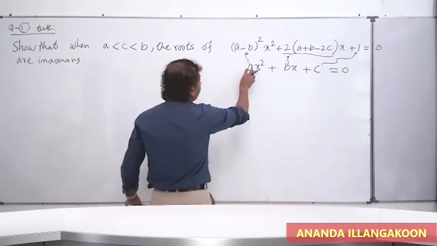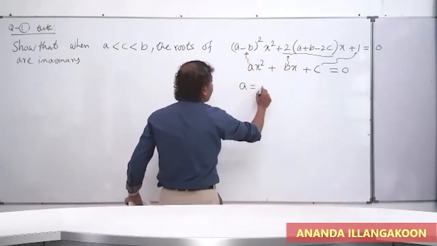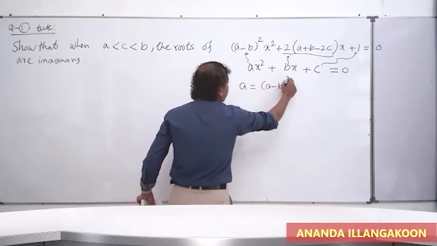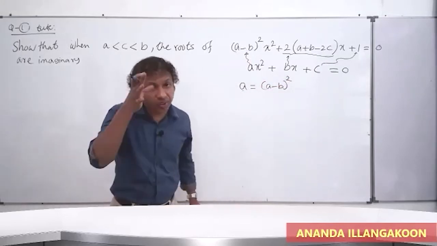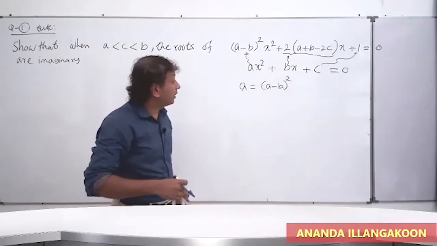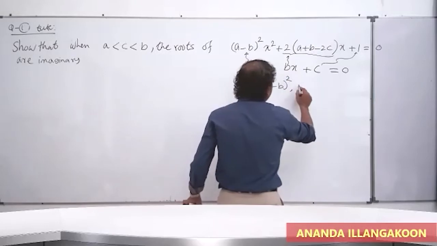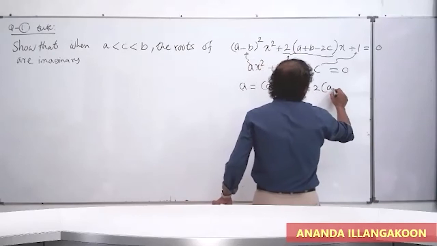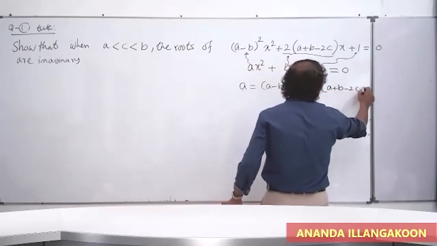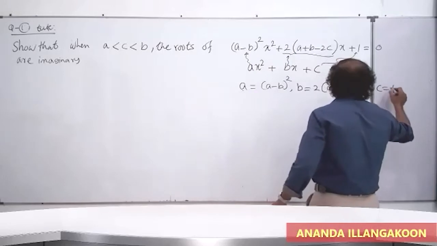Then a is this: a minus b squared. People, this a means the x squared coefficient in the standard quadratic equation, which in this case is a minus b squared, right? And what is this b, people? It is 2 times a plus b minus 2c, and c, people, is 1, right?